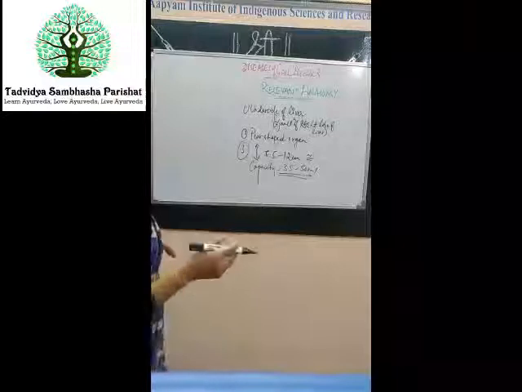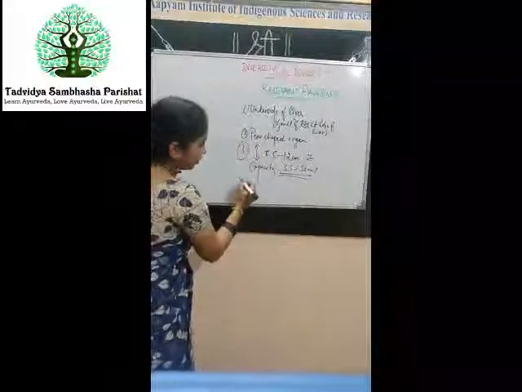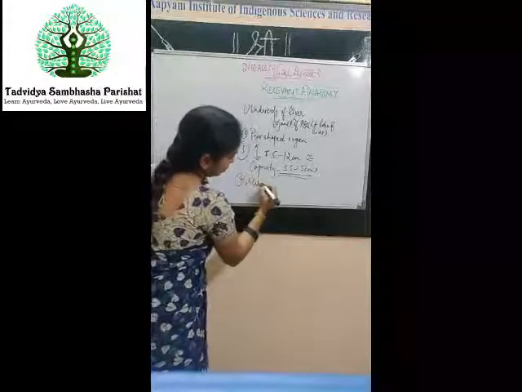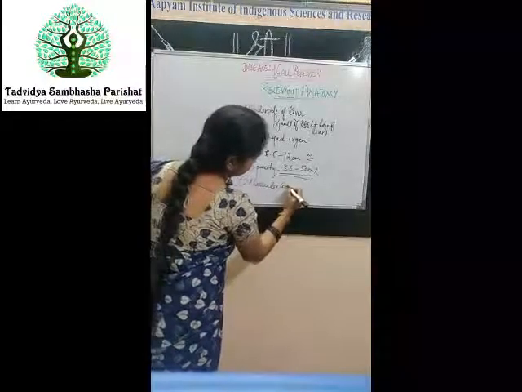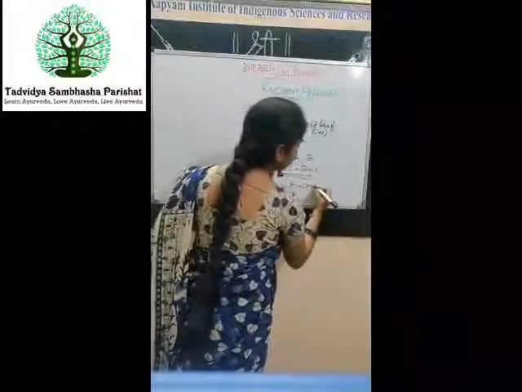Another important thing we have to know is that the muscle coat fibers are arranged in a crisscross fashion.